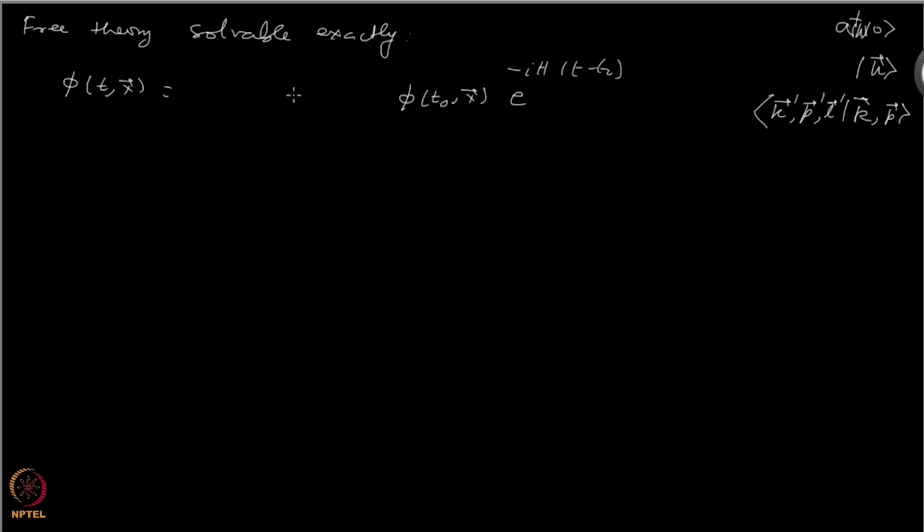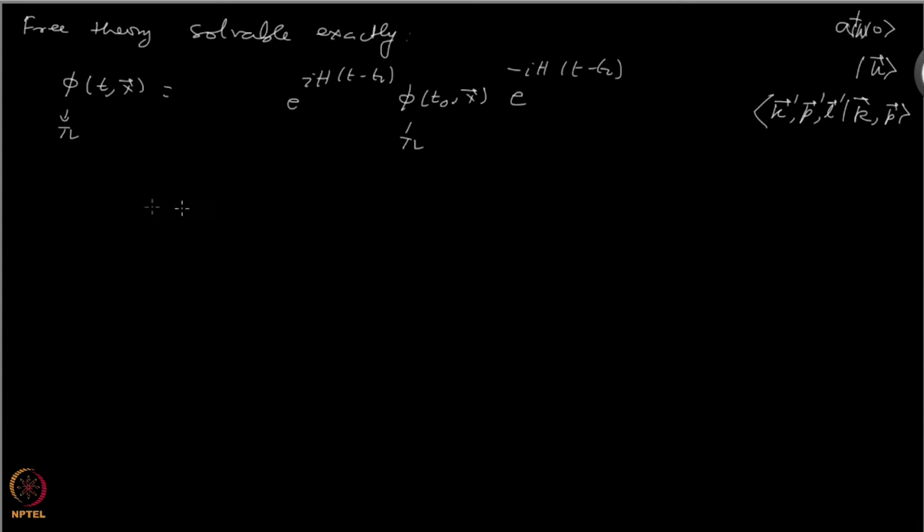Here h is a constant, and similarly for pi. You can replace this by pi, and the same thing holds true. But this is a complicated thing, we do not know exactly how to deal with such an object and proceed.